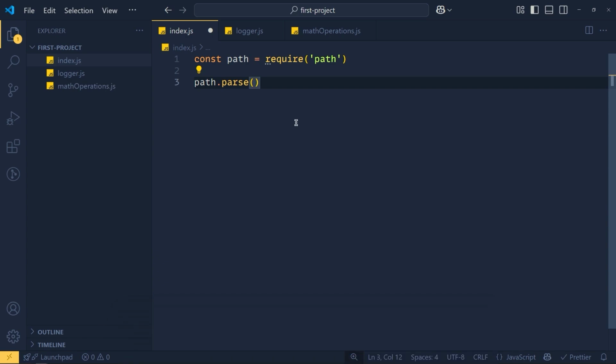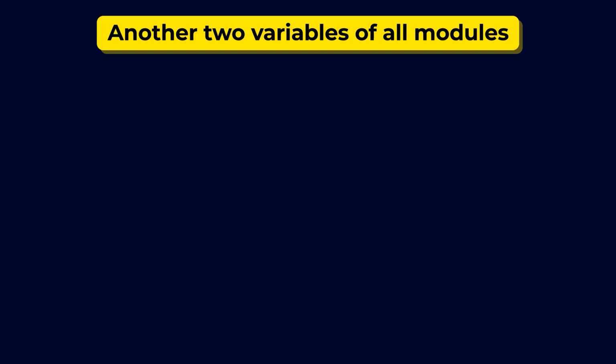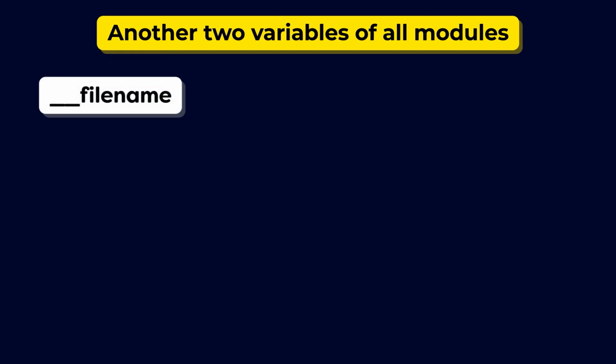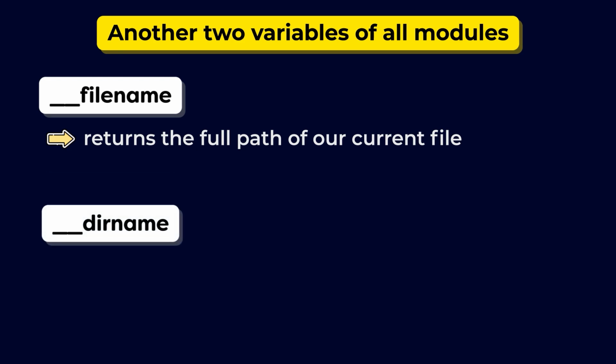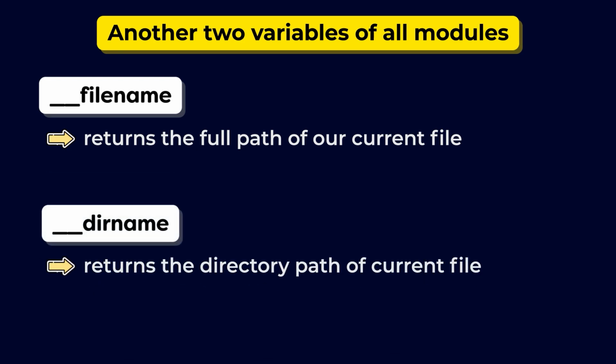So in Node.js, previously we seen all files have module object which we use as module.exports. Also, all files have another two variables. One is __filename, which returns the full path of the current file, and __dirname, which is directory path of current file. Let me show you these two first.